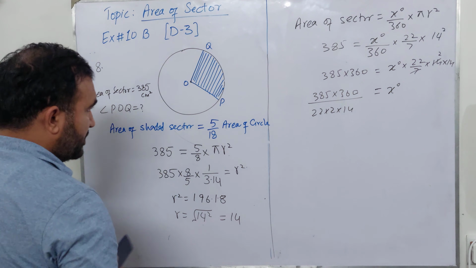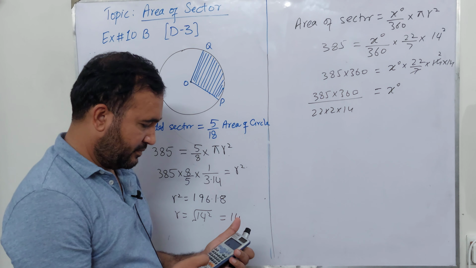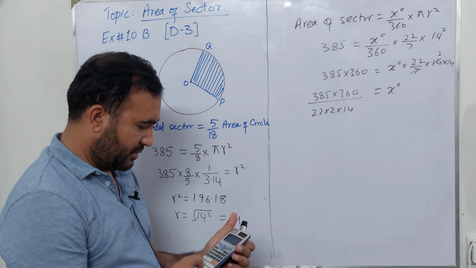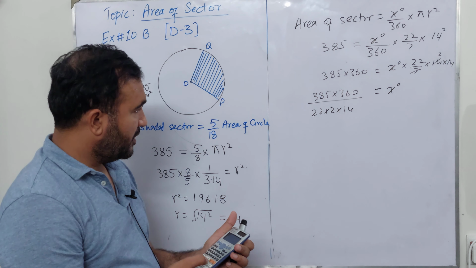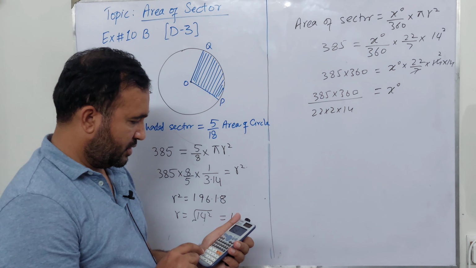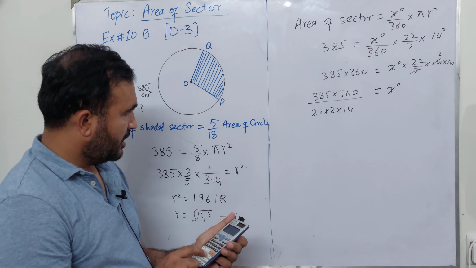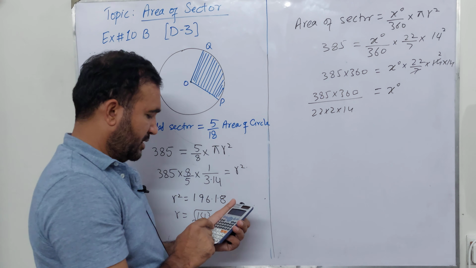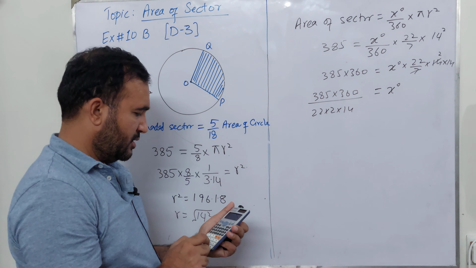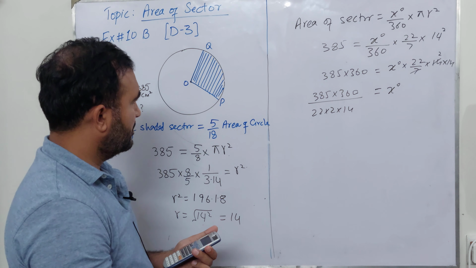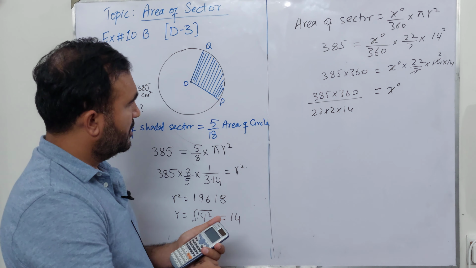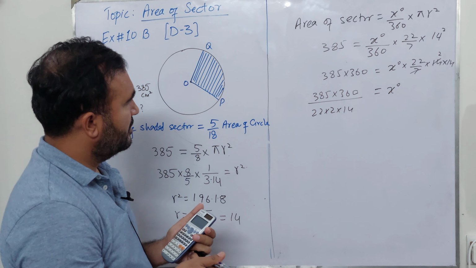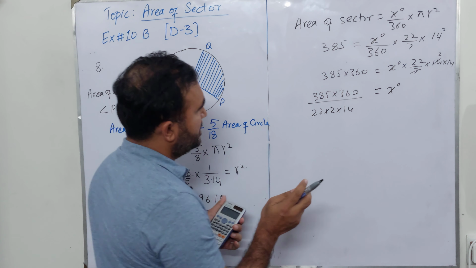So it will be 385 multiply 360 divided by 22, again divided by 2 14s are 28, so it's 225. Okay, we made a mistake somewhere.